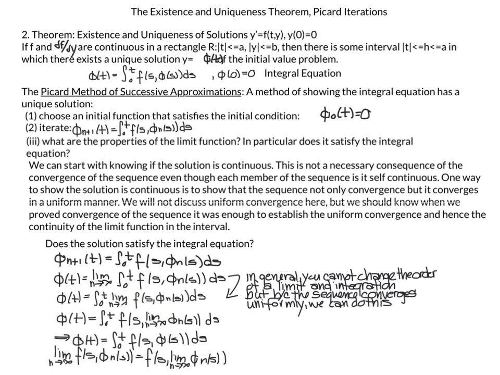So the limit of our sequence of phi n as n goes to infinity is equal to f of s, the limit as n approaches infinity of phi n of s. And hence our solution satisfies the integral equation.